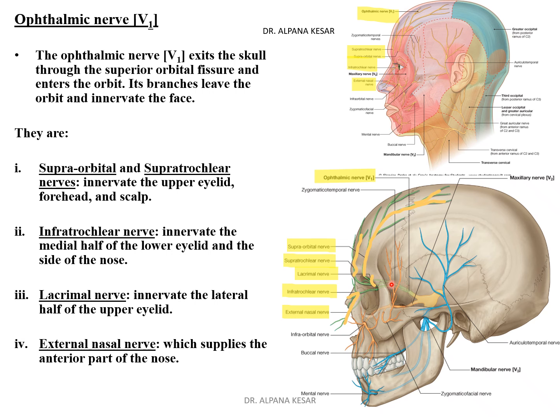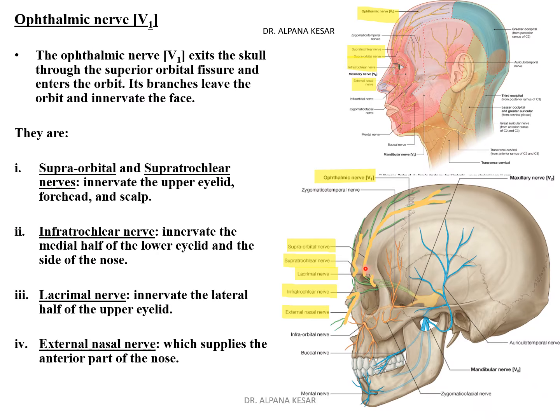After passing through the superior orbital fissure, the ophthalmic nerve enters the orbital cavity. In the orbital cavity, the ophthalmic nerve gives several branches. Out of its branches, 5 nerves appear on the face and supply the skin of the face.